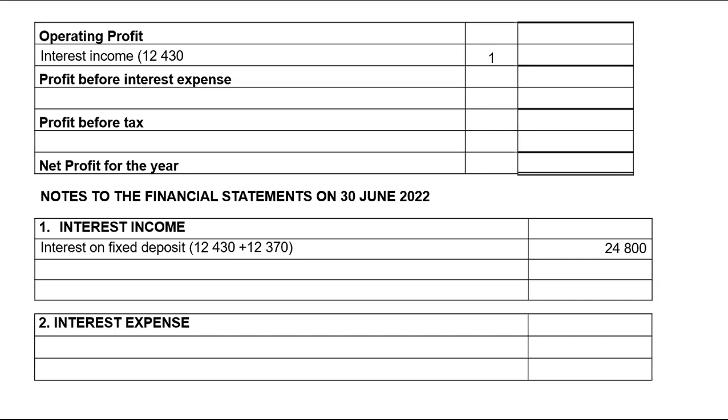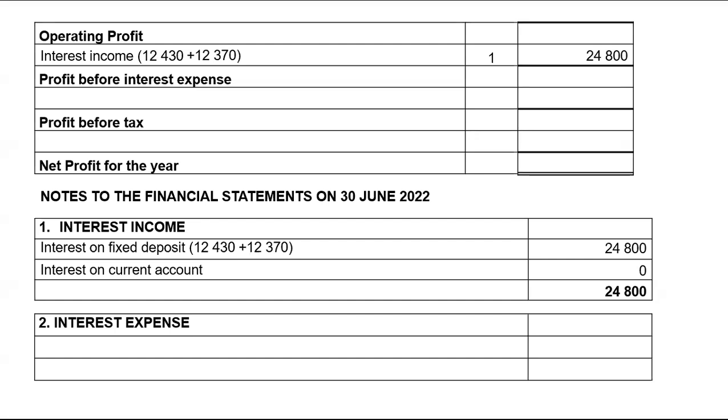And then obviously we are going to add it. That 12,370 is what we call an accrued income. This is the other interest that we can include. So we show it without brackets. That's why that 24,800 is without brackets.